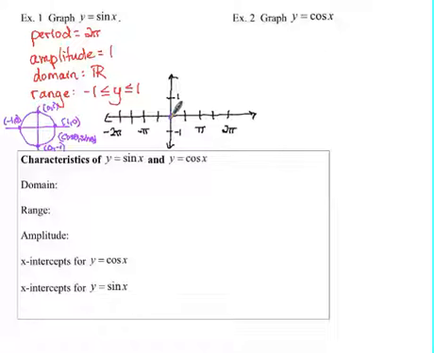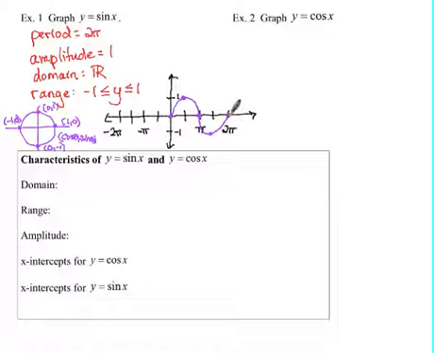It's 1. What's the sine of pi? 0. What's the sine of 3 pi over 2? Negative 1. And what's the sine of 2 pi? 0. So here's the sine curve. These are your 5 main points.